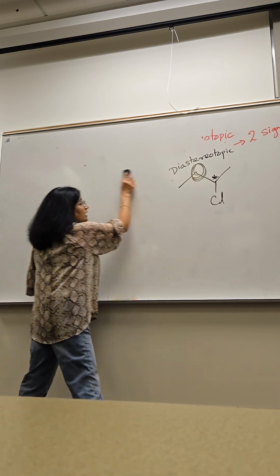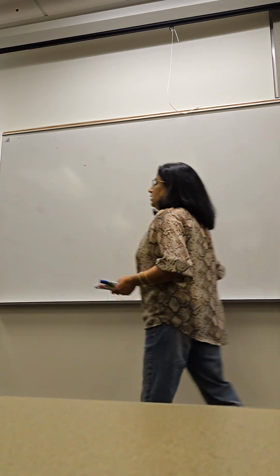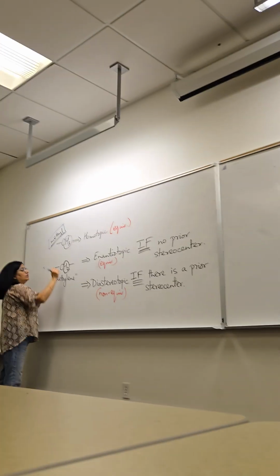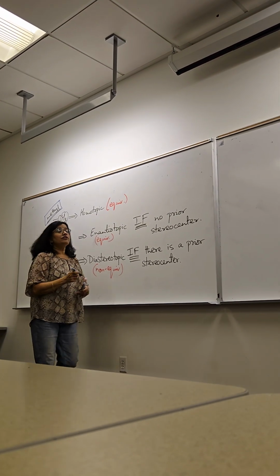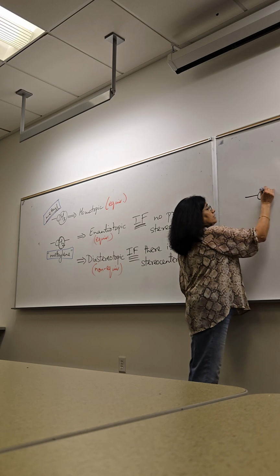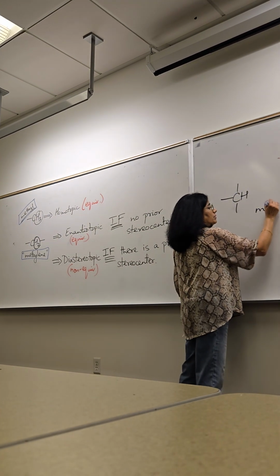So those are the three kinds of hydrogens depending on where they are. By the way, since I already started this, let me finish it. That's a methyl, this is a methylene, and another term to get familiar with is this is a methine group.